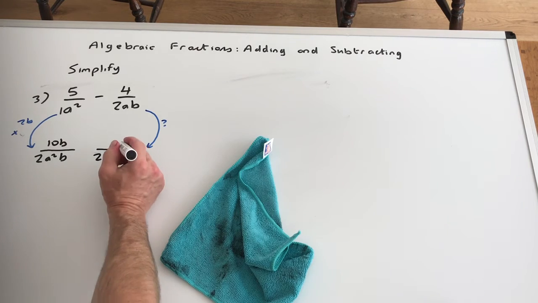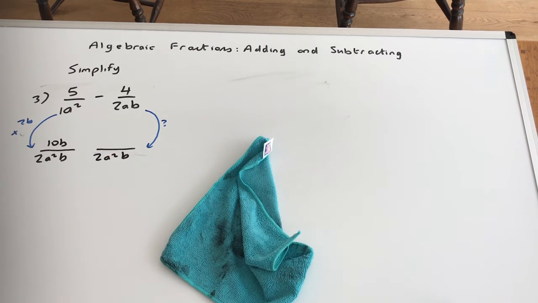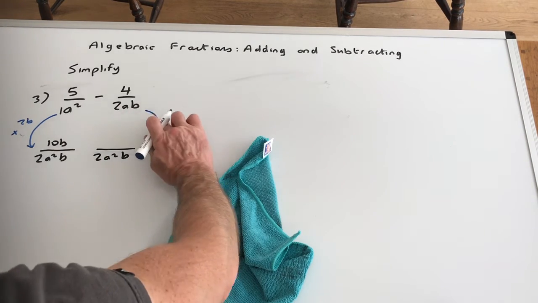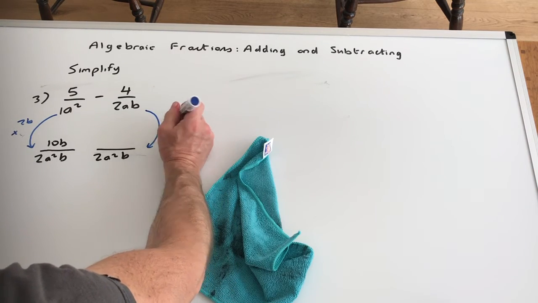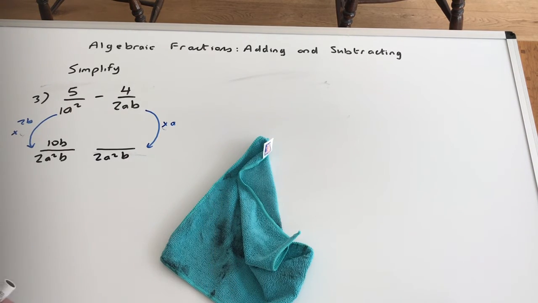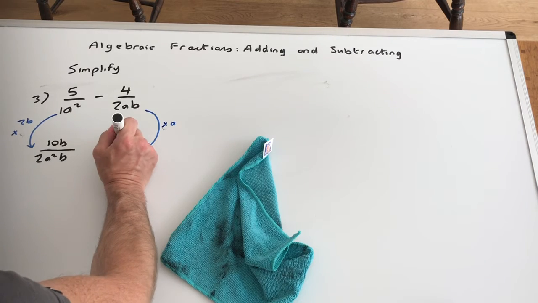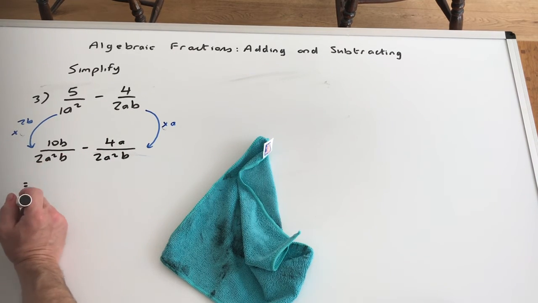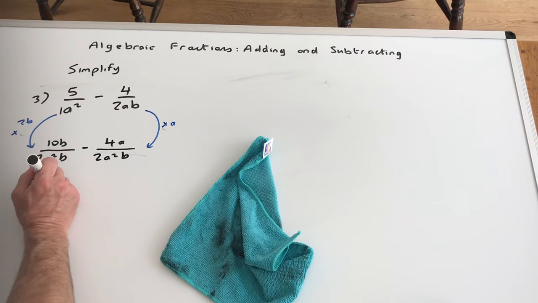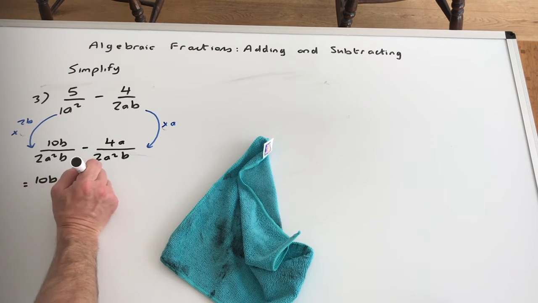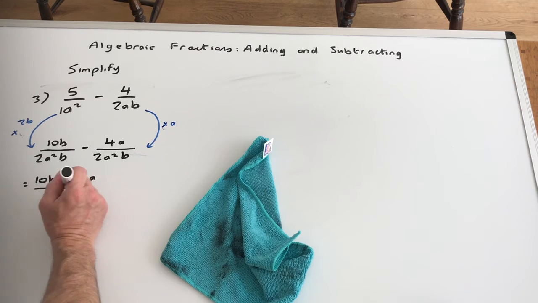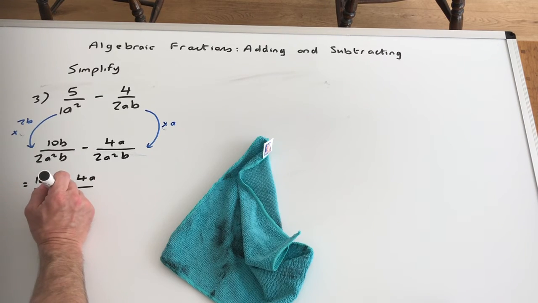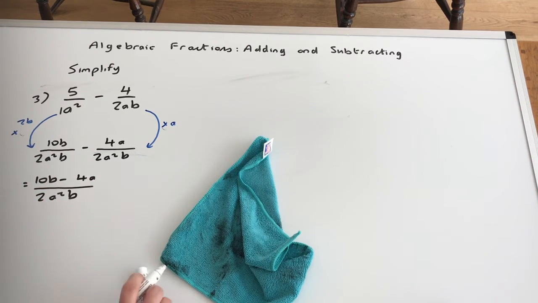For this one, well, 2ab we'd have to multiply by a single a. That's all we need to multiply by. So we multiply the top and bottom by that, and that's going to give us 4a. Then I can just subtract, and I'm going to get 10b minus 4a divided by 2a squared b.